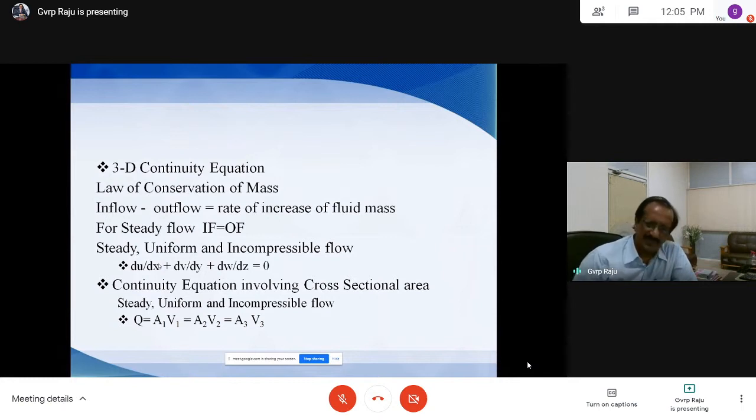Everything is in terms of time. For steady flow, when the properties do not change with time, there is no change with reference to time, so inflow is equal to outflow.